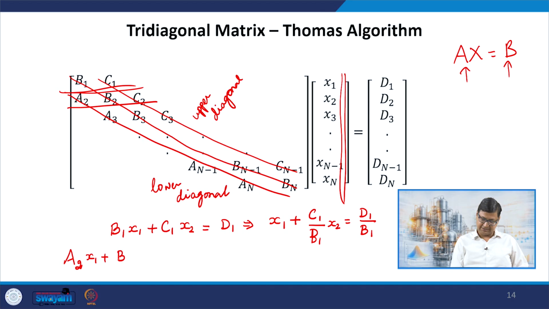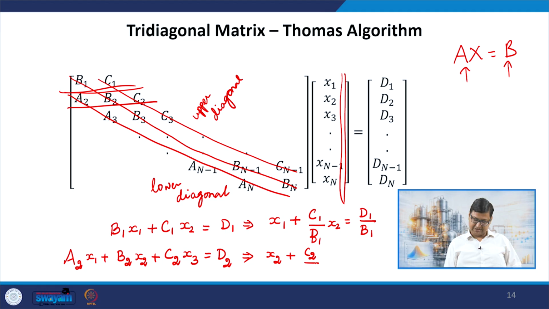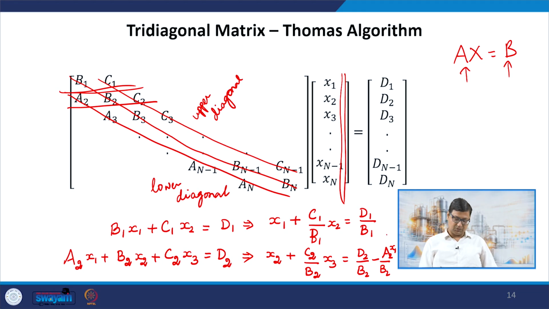And now the second equation is going to be a2 into x1 plus b2 into x2 plus c2 into x3 is equal to d2, and I am again dividing it by b2, and I get x2 plus c2 by b2 x3 is d2 by b2 minus a2 by b2 x1, right, where x1 can be gotten from the previous equation, right.